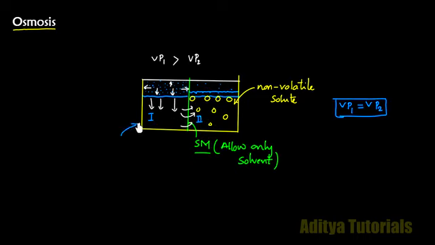You can call compartment number 1 the solvent and the second one the solution. I am going to term it in different terms. In the solvent, the concentration of non-volatile solute is almost 0. Compared to compartment number 2, this is a low concentration and it is a high concentration.